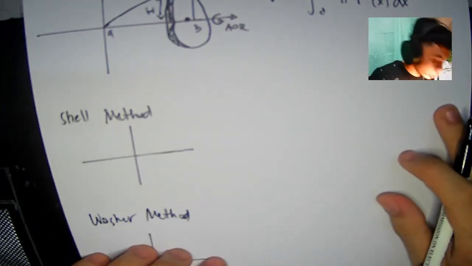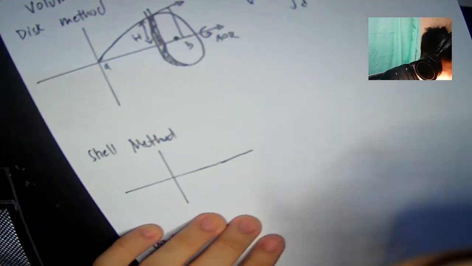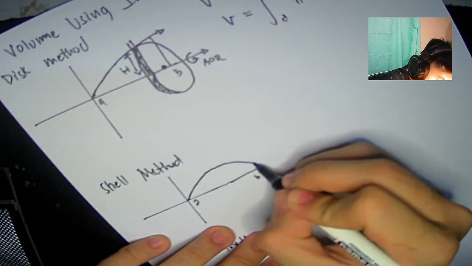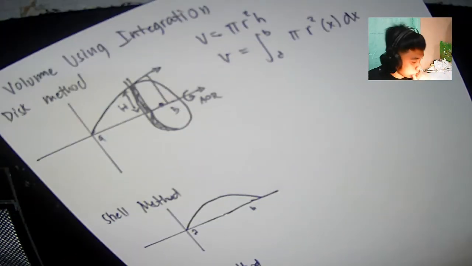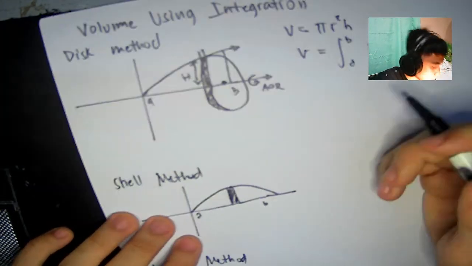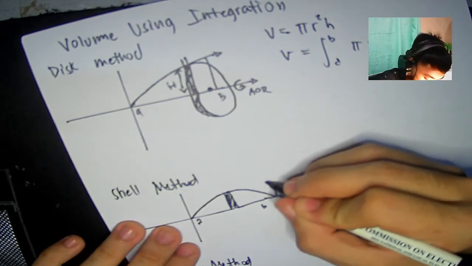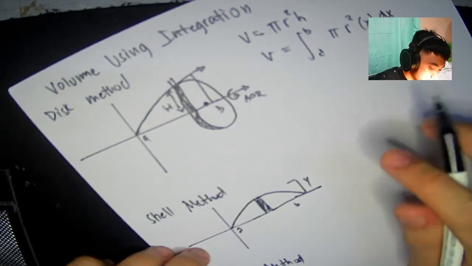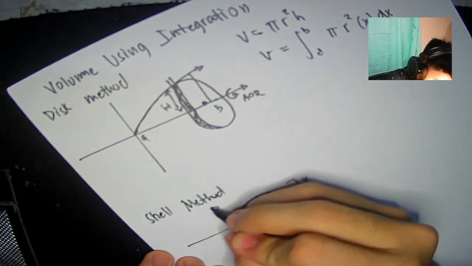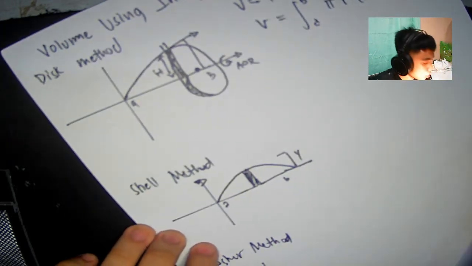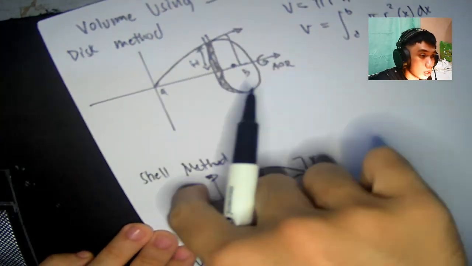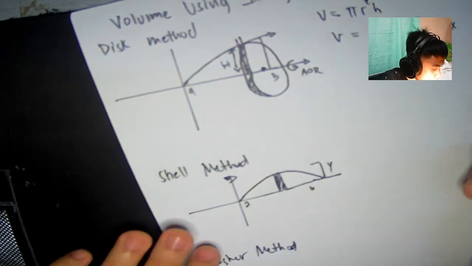So next, the shell method. Let's say A and B here. The shell method looks like this. It looks like a shell. So this is our dx and this is our y. Let's say the axis of rotation is here. This shell rotates about the y-axis.